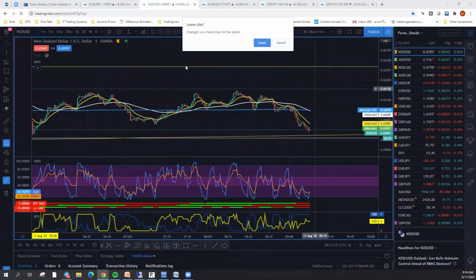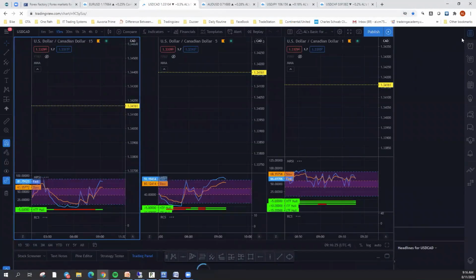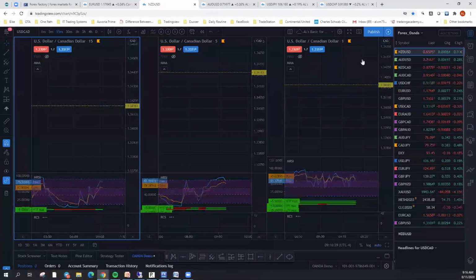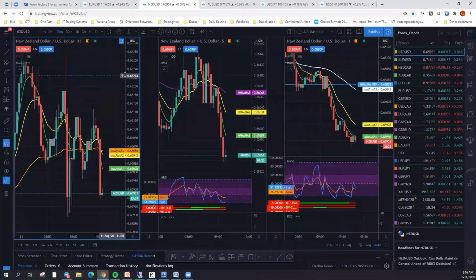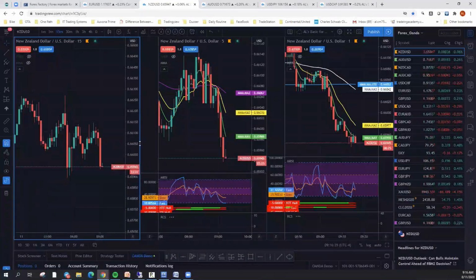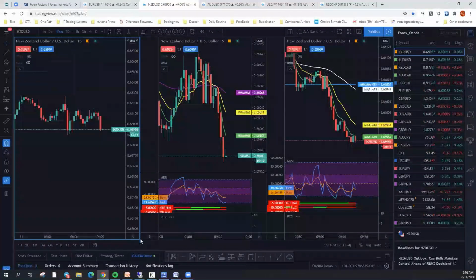There it goes. It was taken. Cancel. New Zealand USD. Take all this stuff off this chart. We're just going to clean up the chart and start with a fresh one. 9:15.